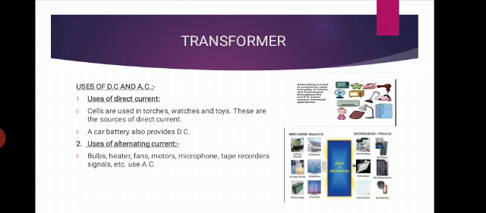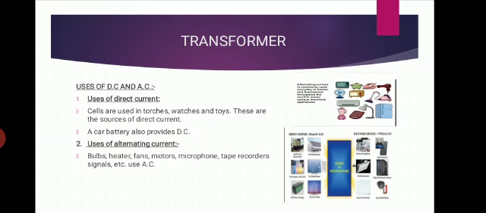Cells are used in torches, watches, and toys. These are the sources of DC. A car battery also provides DC.